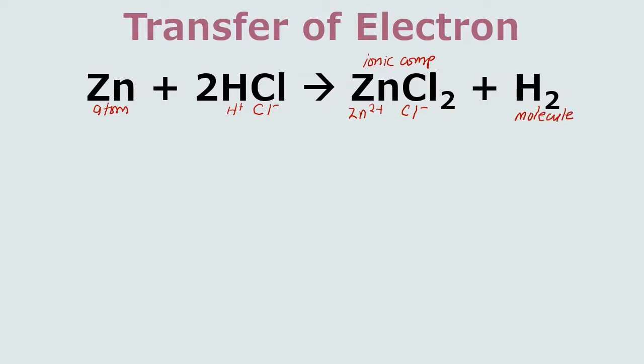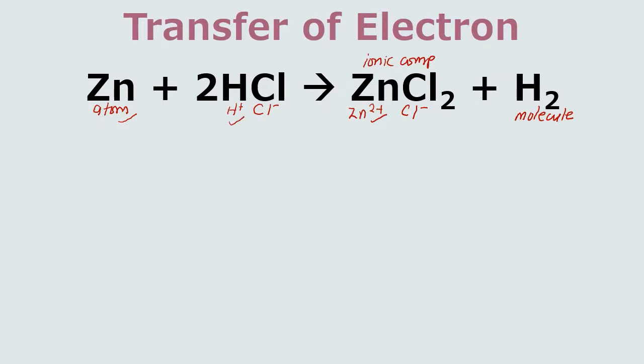We can see that zinc atom changes to zinc ion. If you look carefully, the changes in type of particles mean there is a transfer of electrons. Another particle that changes its type is hydrogen ion.